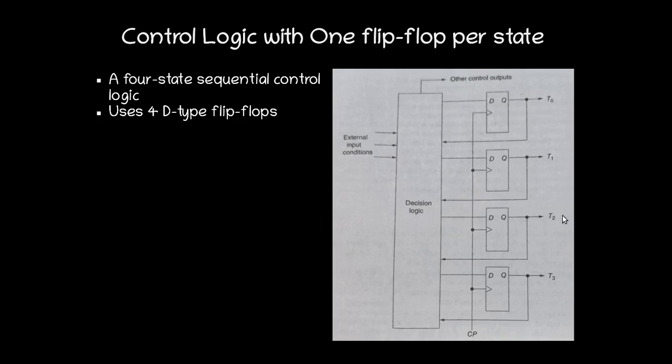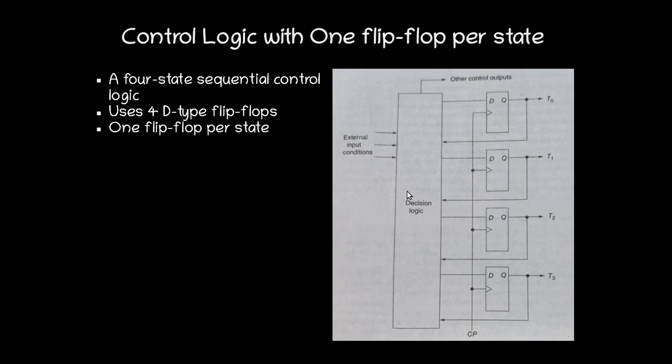T0, T1, T2, T3 are the outputs from the D flip flops, and they are also connected as inputs to the decision logic. Then some external input signals are given to this decision logic. Then this is the other set of control outputs.